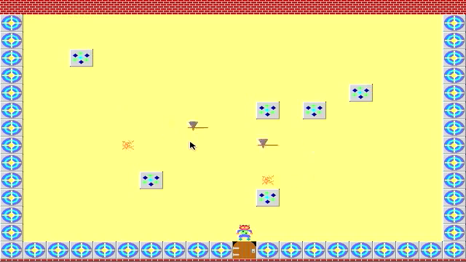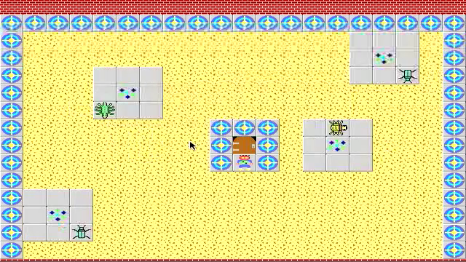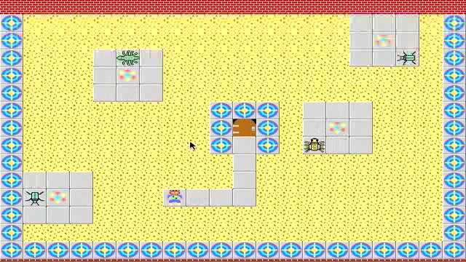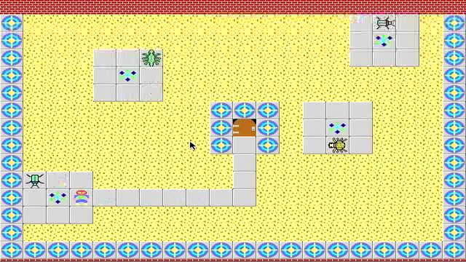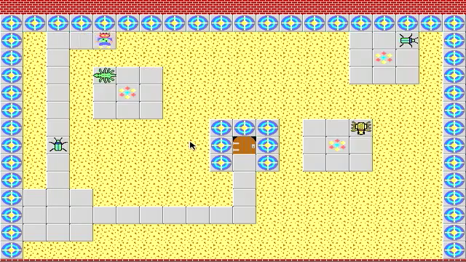Another type of maze. And they're created randomly, so everyone will be different. Some of these creatures are smart, some aren't.